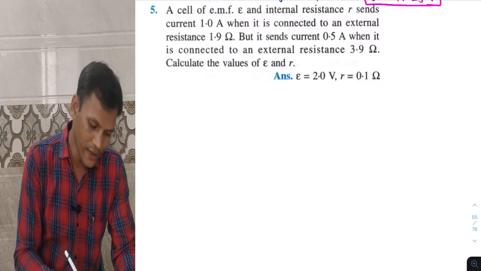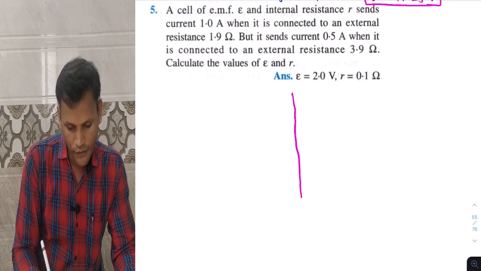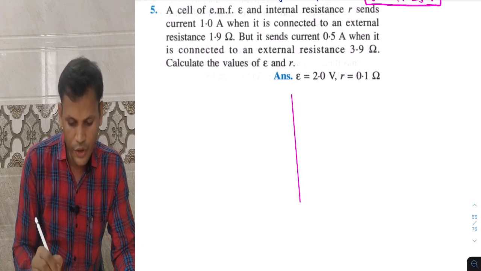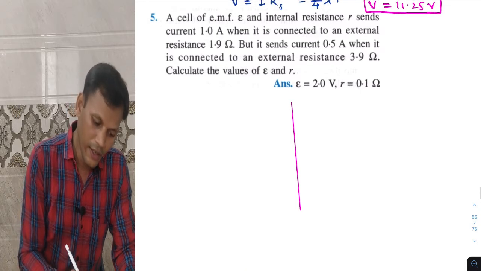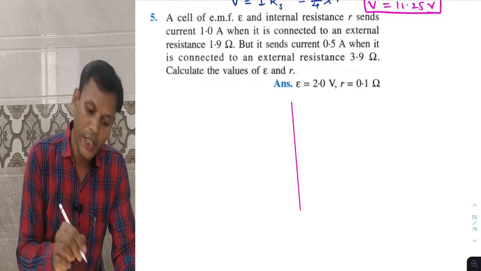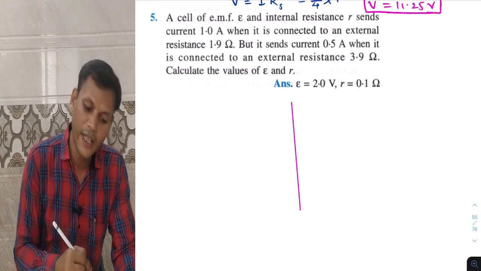According to that, first of all, I will divide it into two parts. What information is given? The cell of EMF E and internal resistance small r sends a current.